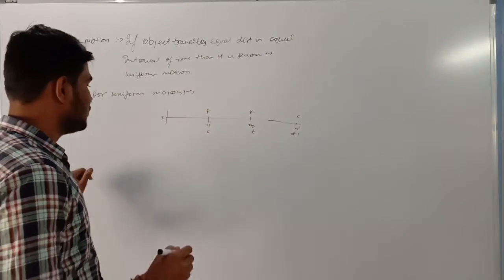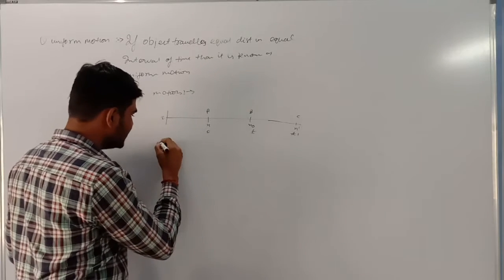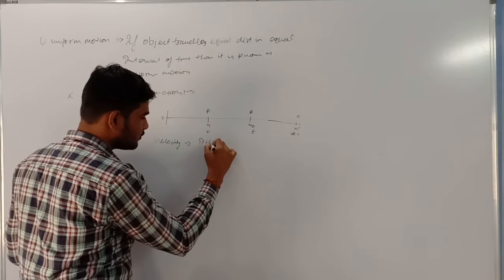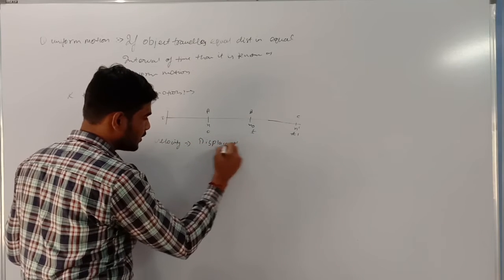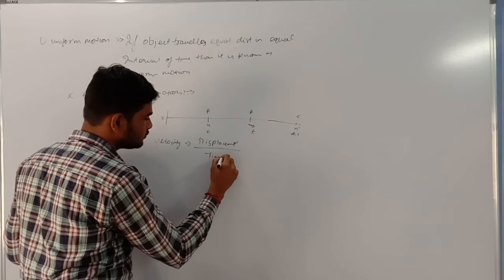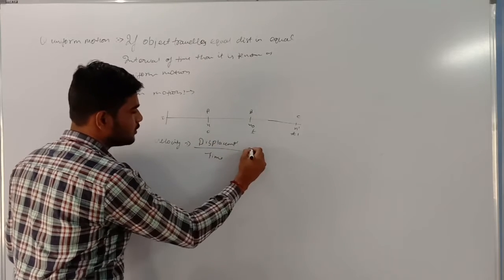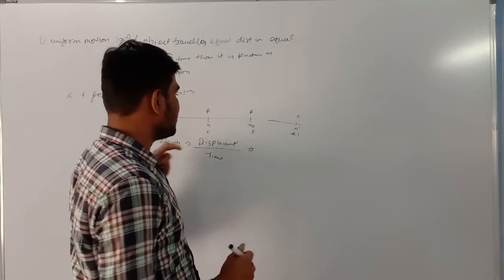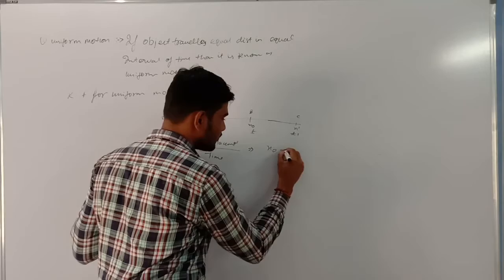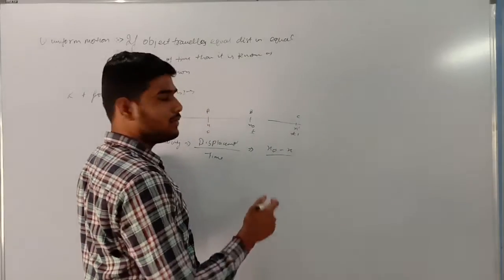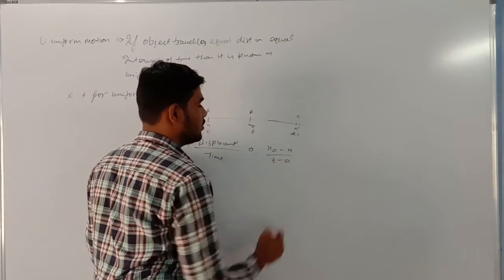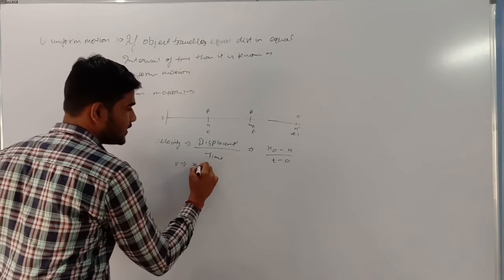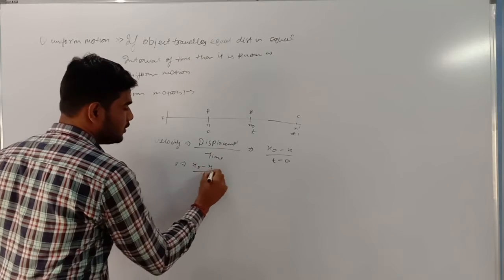So, velocity will be displacement upon time. From point A to point B, the displacement will be x naught minus x, and the time taken will be t minus 0. So velocity v equals x naught minus x upon t.